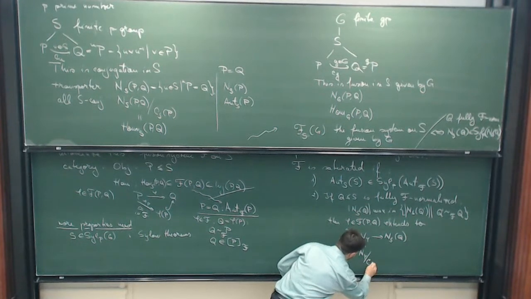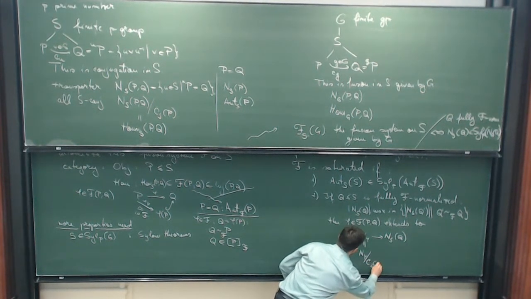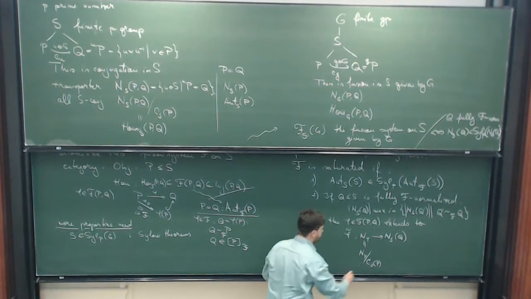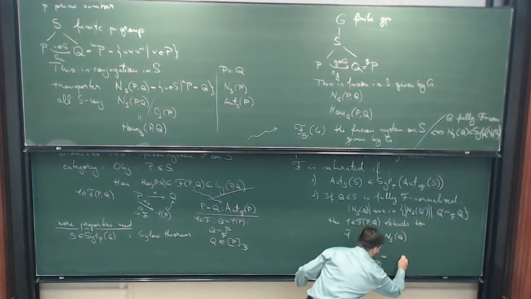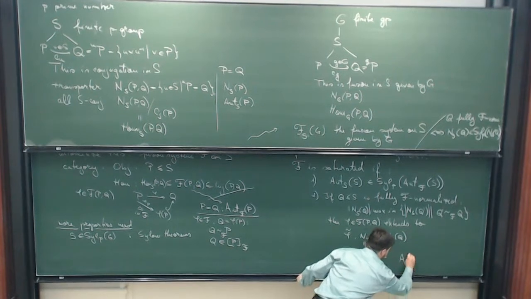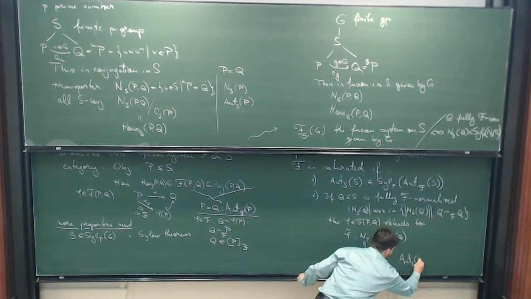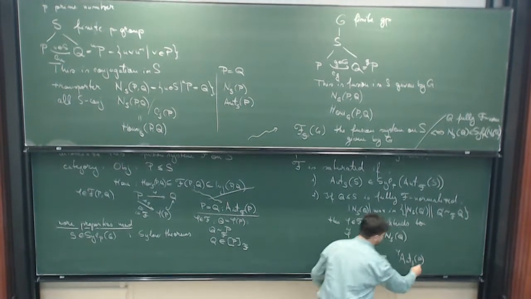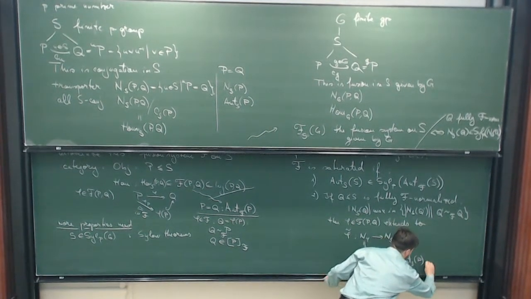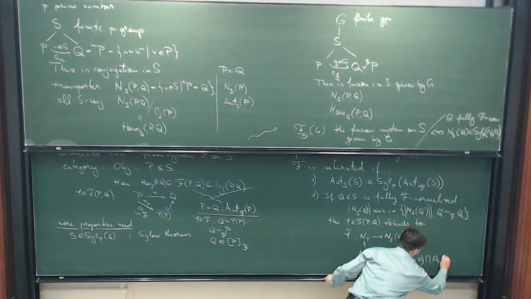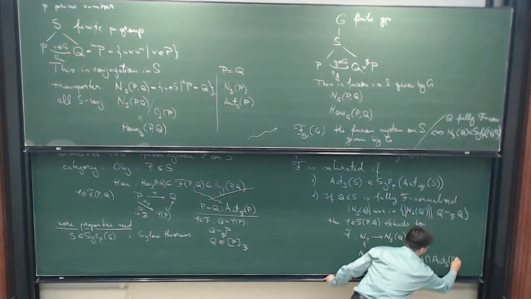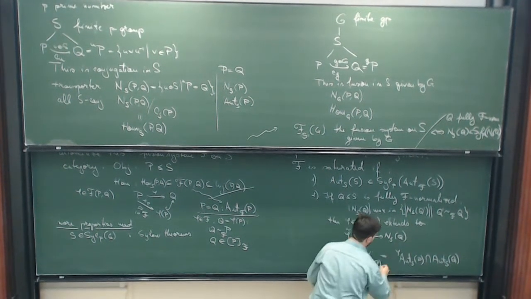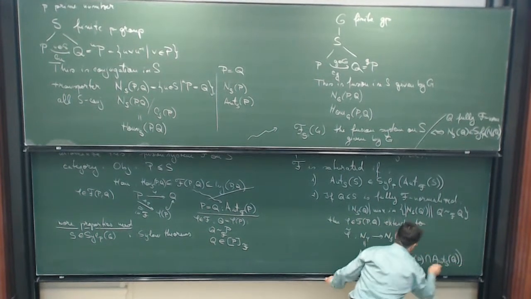So let me just write, so we are on the P side. You just take the automorphisms given by S on P, send them by conjugation on the other side inside of the automorphisms of Q, intersect them with the automorphisms in S of Q. This is a subgroup. You send it back.